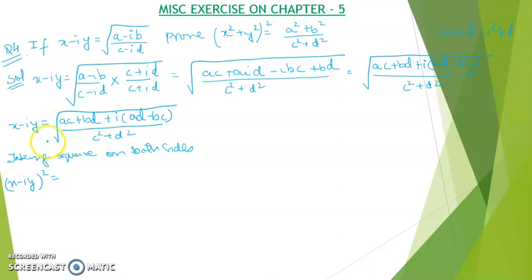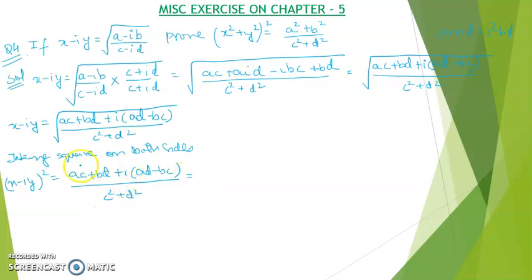You are in 11th class, you should know. So I will be left with (ac plus bd plus i(ad minus bc)) upon (c square plus d square).